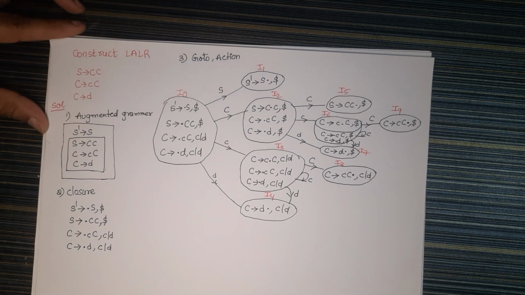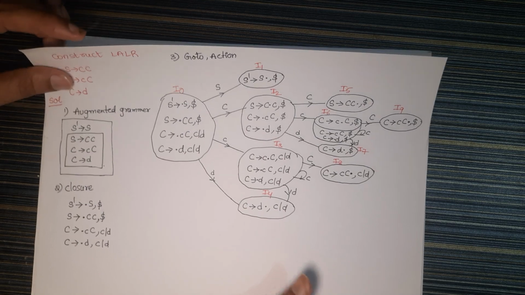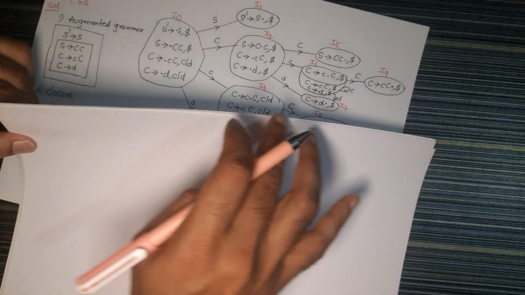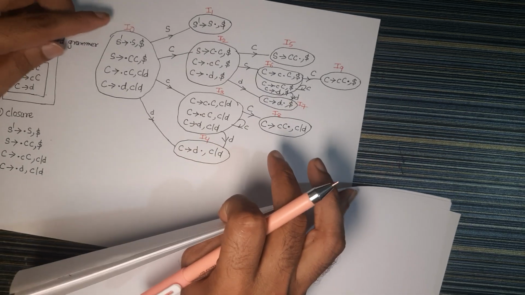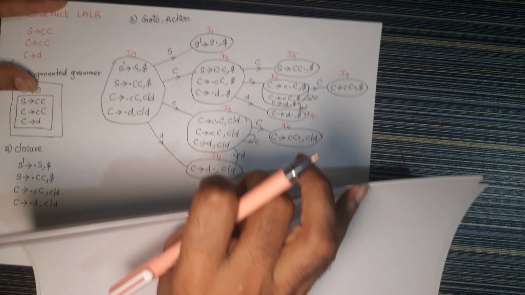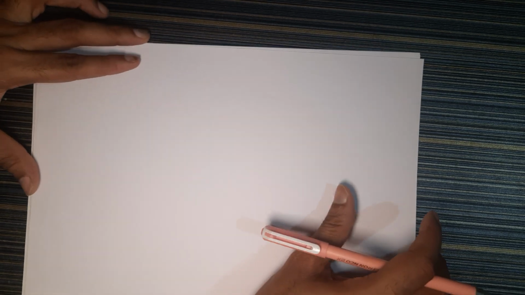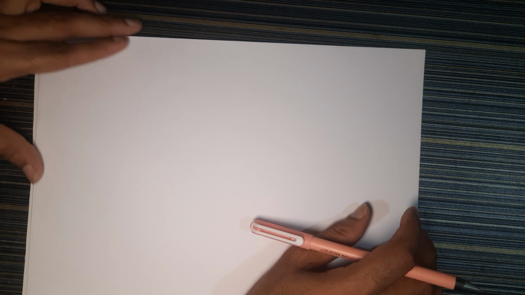Now we are going to have a table. In the table we are going to find the goto and action values. So with this table only we are going to find the values. Now you see here we have a total of 0 to 9 productions, 9 values are there. We are going to write the values as it is.